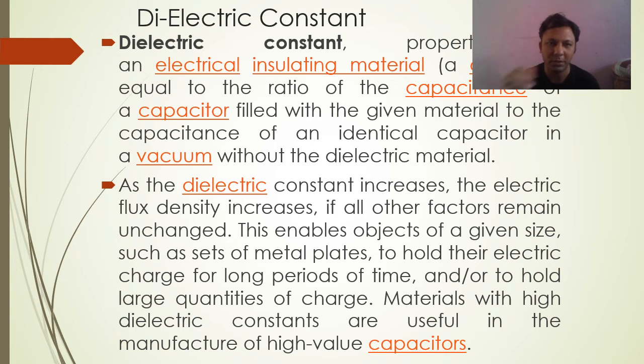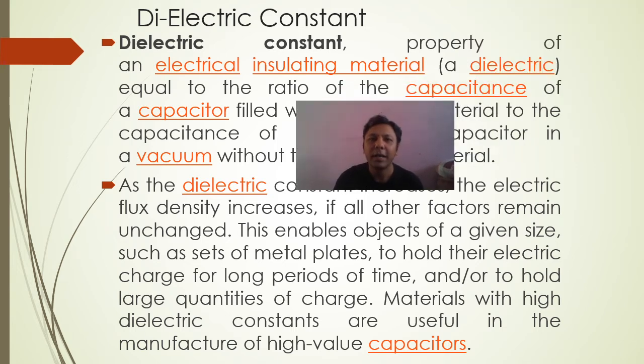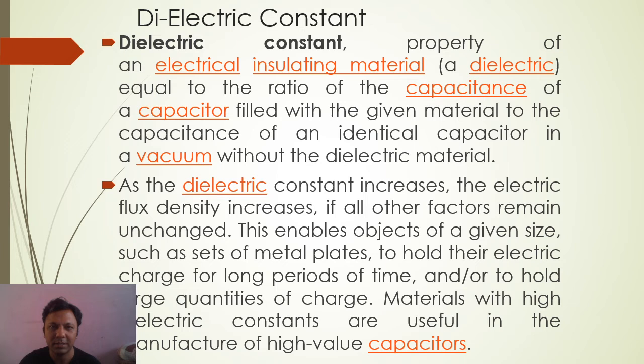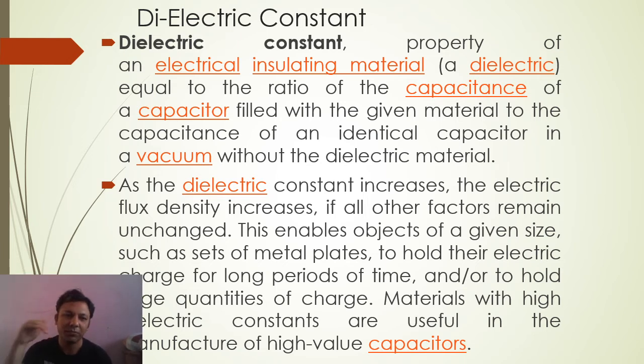Now another topic is the dielectric constant. Look, the dielectric constant is the property of the electrical insulating material that fills the space between these two plates. I already explained that the relative permittivity depends upon the dielectric material.